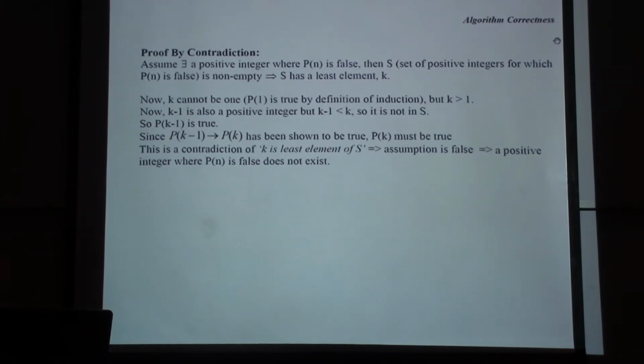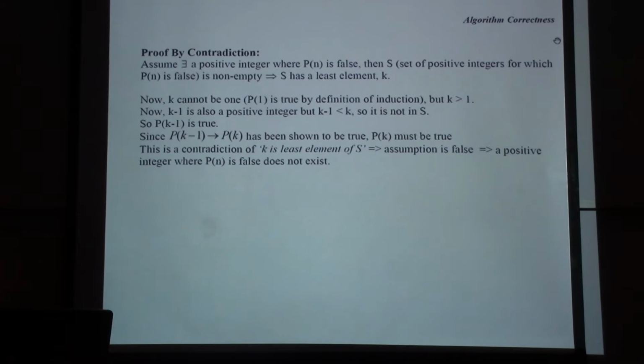Okay? But k minus 1 is less than k. And since k minus 1 is less than k, k minus 1 cannot be an element of S, because the first element that makes the statement false is k, and k minus 1 must make it true. Which means that P of k minus 1 is true, because P of k is the first one that makes it false.